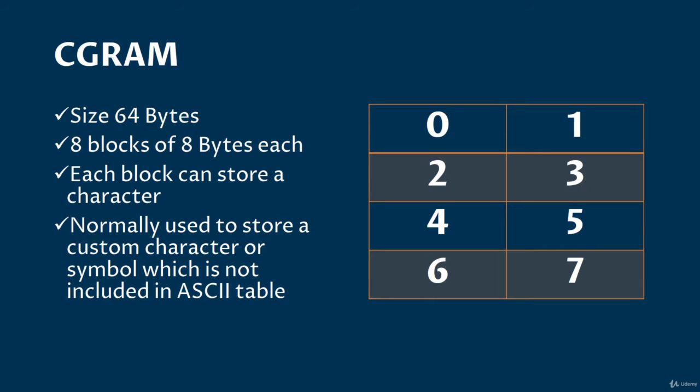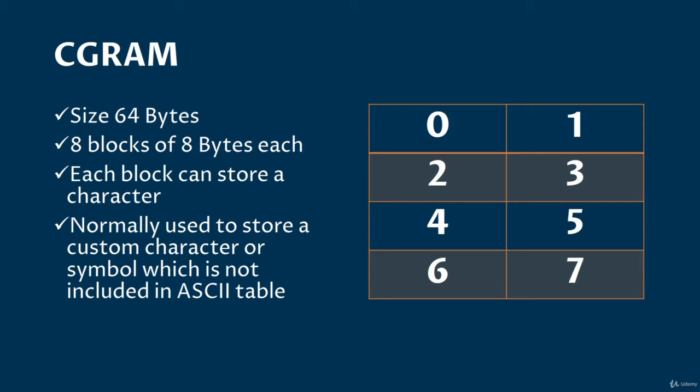CGRAM's 64 bytes are divided into 8 memory blocks with 8 bytes each. CGRAM's location starts from 40 and goes up to 7F. It is used to store custom characters like any symbol, logo, or text, which are not in the ASCII table.